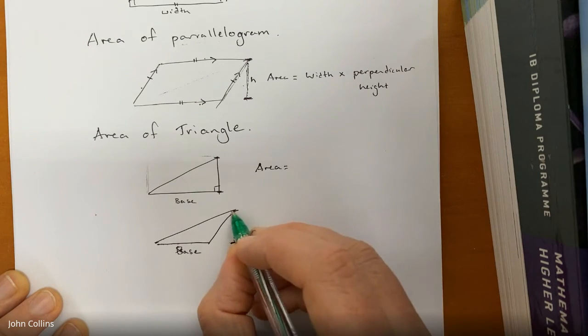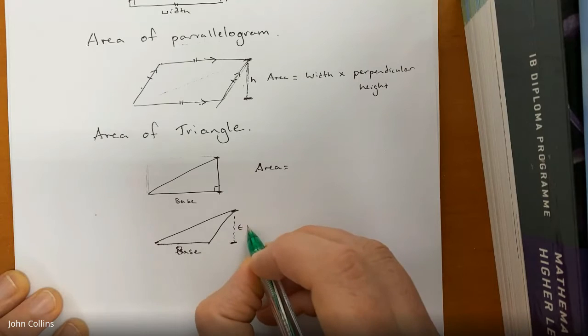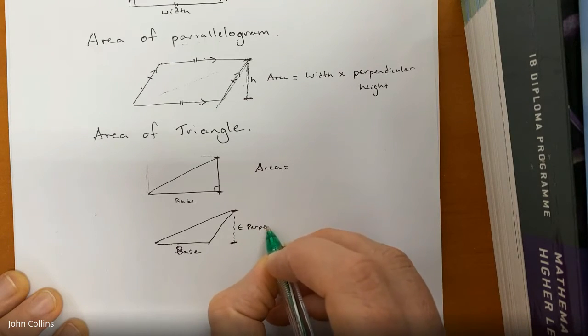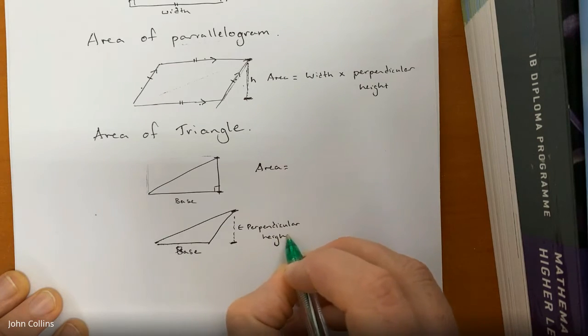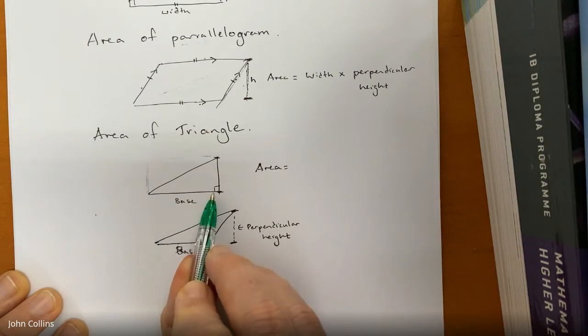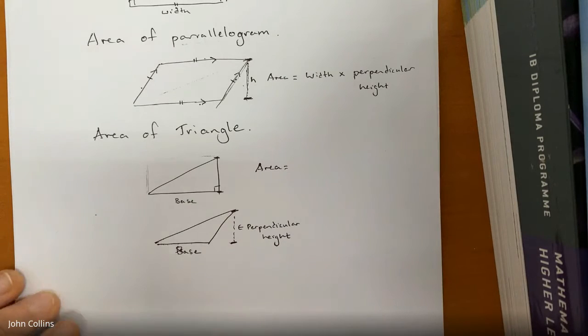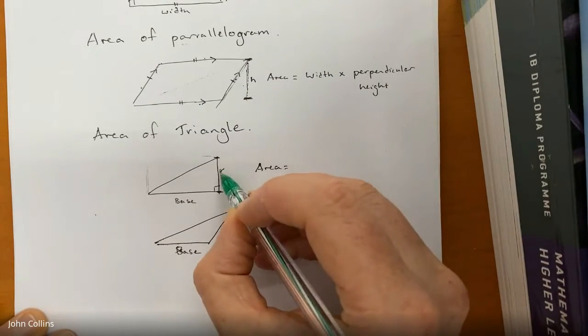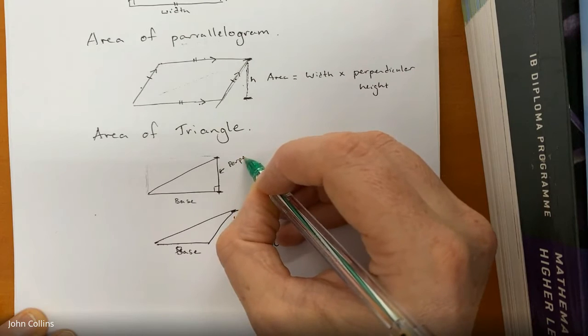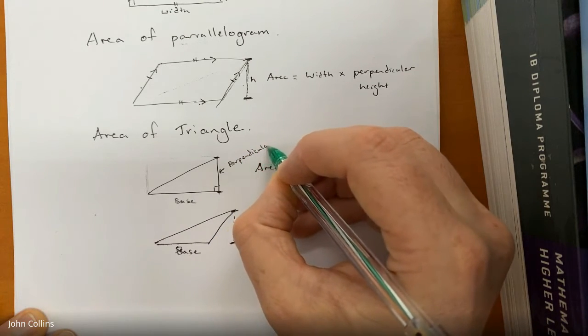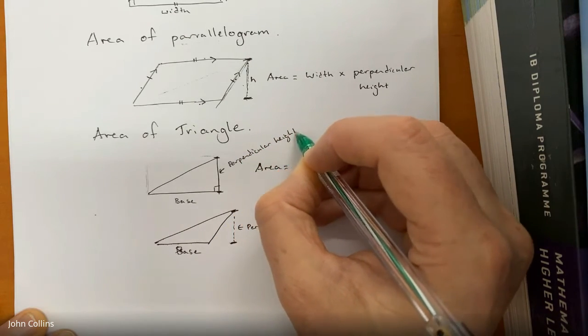So it's the perpendicular height. Or if it is a right angle triangle, you have the perpendicular height. Of course, perpendicular means that 2 lines meet at 90 degrees or a right angle. So I imagine you have heard about that before. So this is just revision, I hope, for everybody.